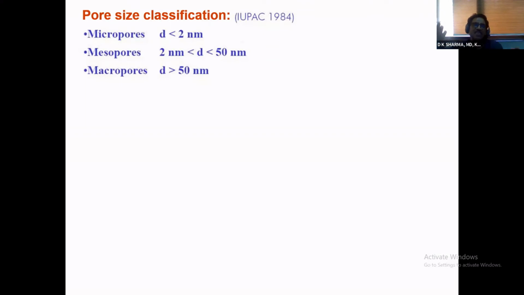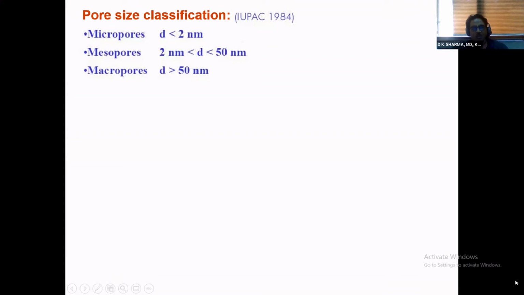If 760 is the saturation pressure, to calculate a pore size as large as 500 angstrom, we would be measuring the data very close to 760, meaning 755 or 750. That was difficult in those days because the instrumentation was not so advanced.